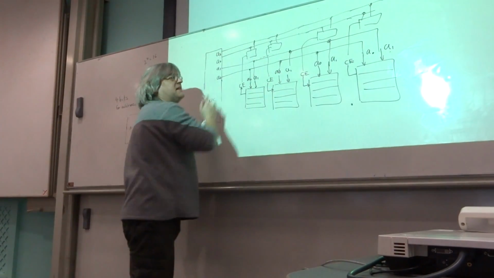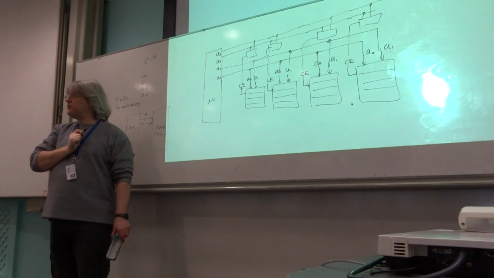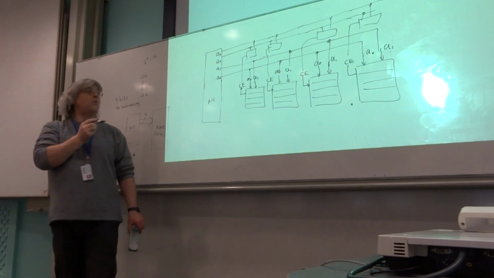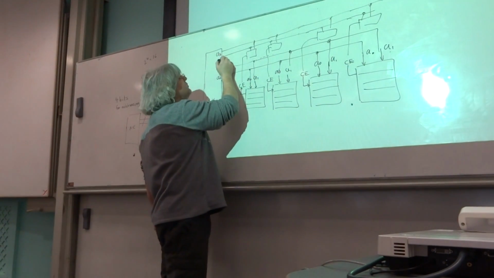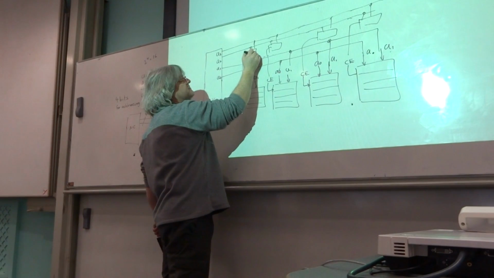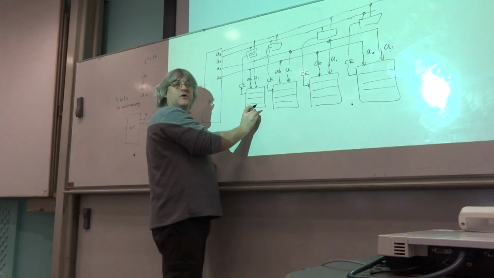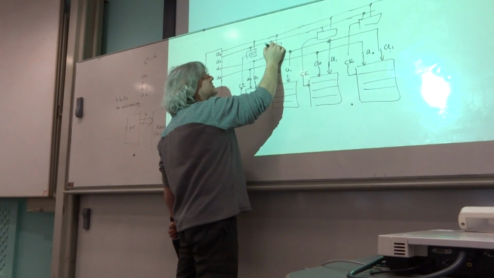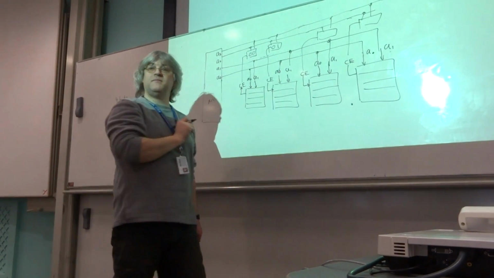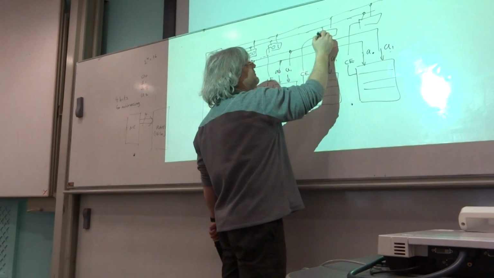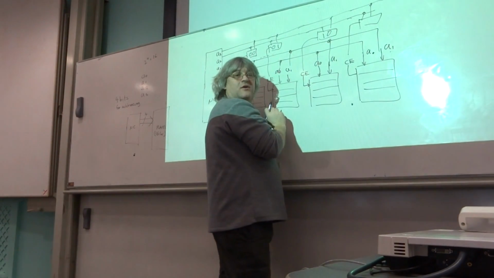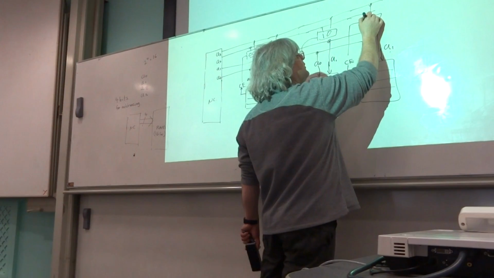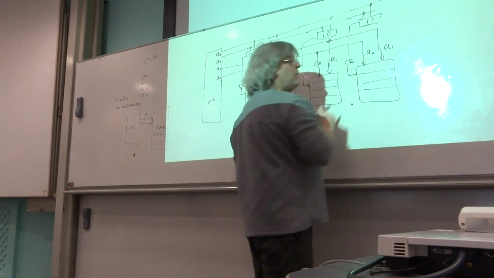Okay, this little block here is some simple address decoding logic. And what I would want is, for example, if A2 and A3 have the value 0, 0, I want to switch that one on. If A2 and A3 have the value 0, 1, I'll switch that one on. If A2 and A3 have the value 1, 0, I'll switch that one on. And if A2 and A3 have the value 1, 1, I'll switch that one on.